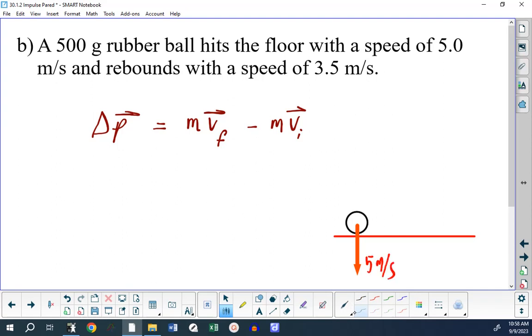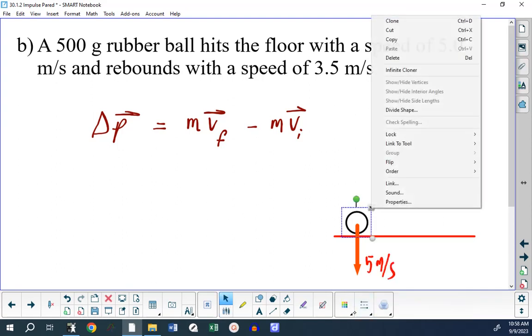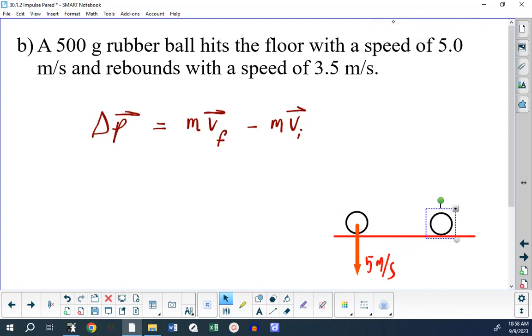I'm going to draw the ball rebounding over to the right. Of course, the ball doesn't magically appear on the right. I'm just drawing it over here. Afterwards, as soon as it leaves the floor, it's traveling up at 3.5 meters per second. Well, these are the speeds. You're told these are the speeds in the question.